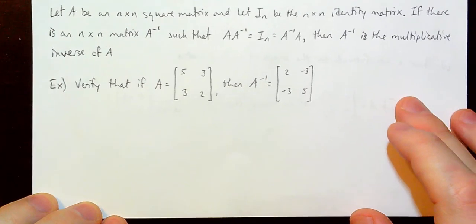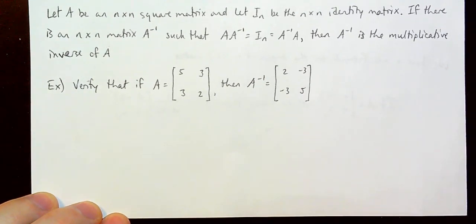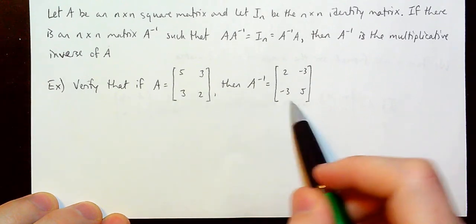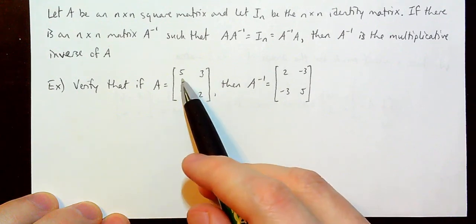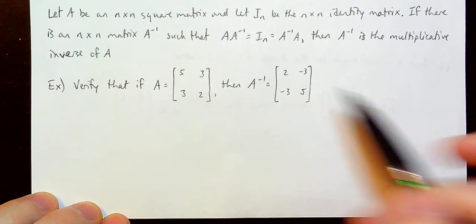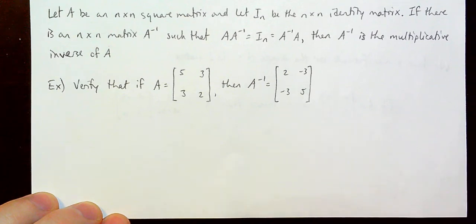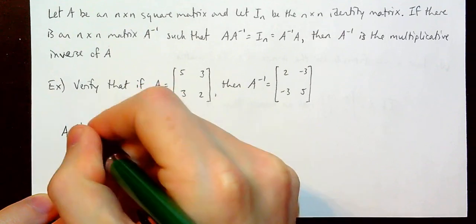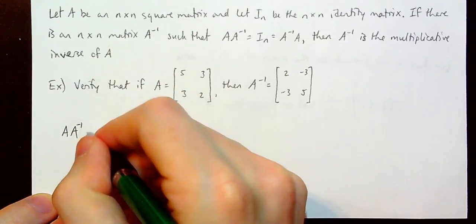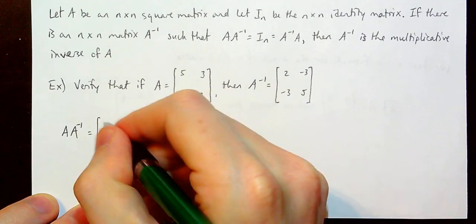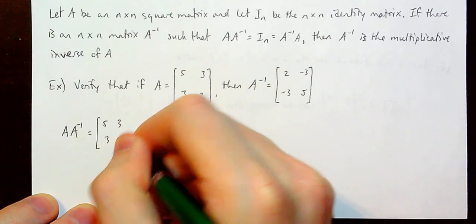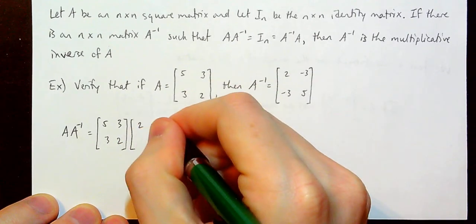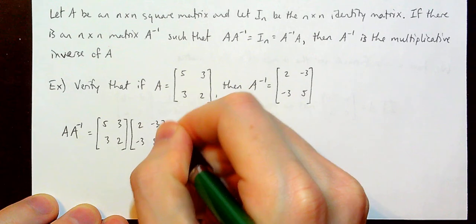So here, just a sample problem for verification. Let's verify that the inverse of A here is going to be this guy right here. Let's verify that the inverse of 5, 3, 3, 2 is 2, negative 3, negative 3, and 5. So I'm going to do A times A inverse: 5, 3, 3, 2 times 2, negative 3, negative 3, 5.